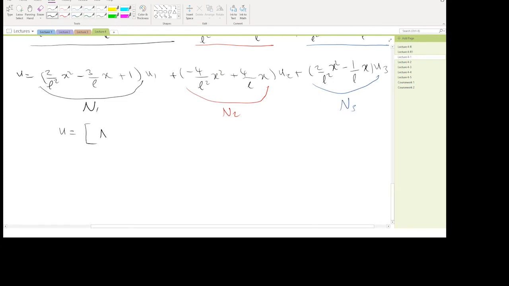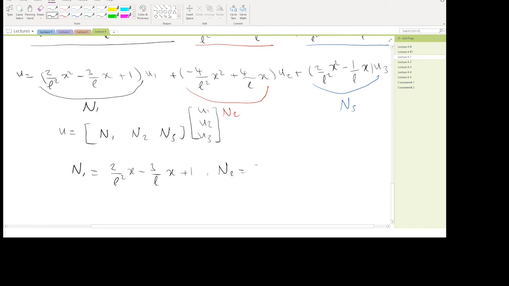So this is N1, N2, N3 multiplied by U1, U2, and U3, where my N1 is equal to 2 over L squared X squared minus 3 over L X plus 1.